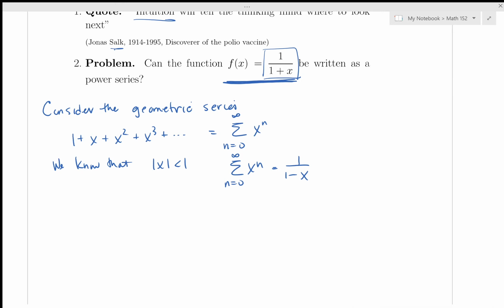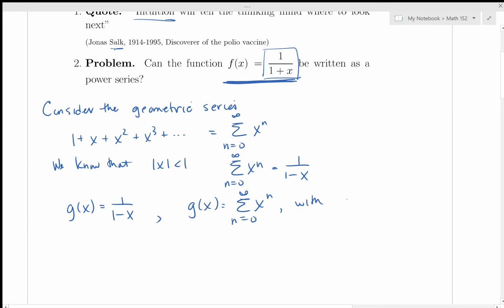For example, we could call this function the geometric series g of x, and I could say to you g of x is equal to this, and it would be equally valid to say to you g of x is equal to this, with the constraint, with domain, absolute value of x less than 1.